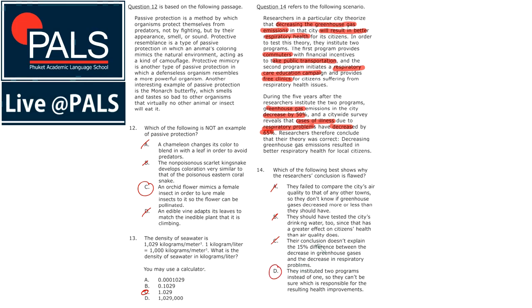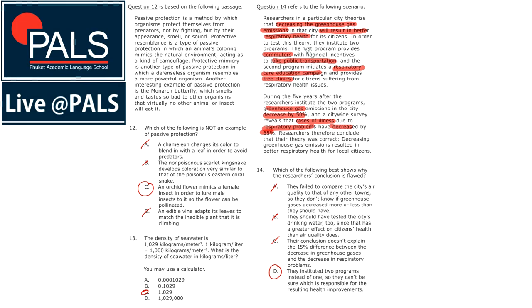So they're doing basically 2 experiments at the same time. They institute 2 programs at the same time. They do provide commuters with financial incentives to take public transport. So more commuters were taking public transport, which probably lowered the greenhouse gas emissions and improved the air quality in the town.